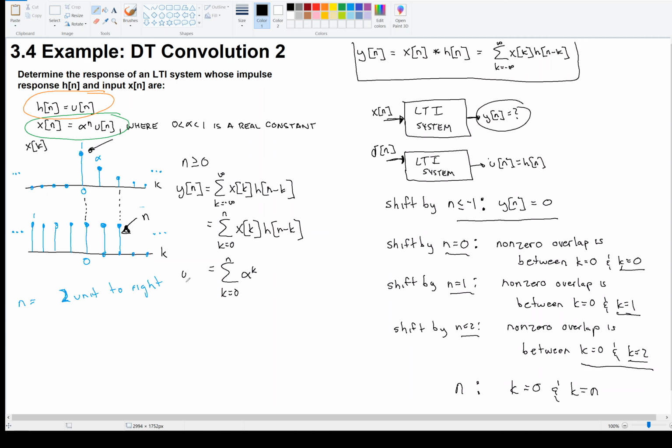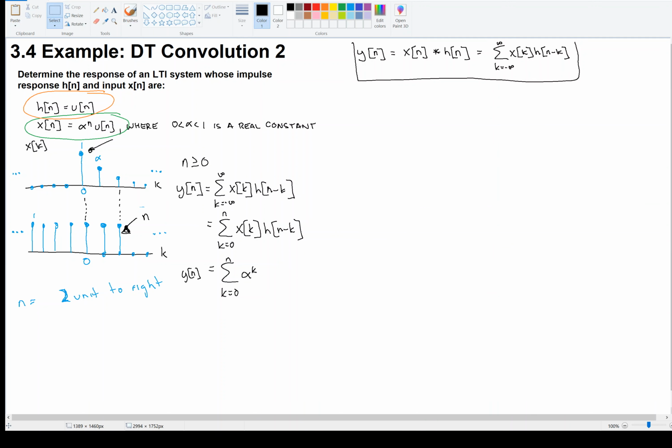So now I've got this thing, and I need to evaluate that. I'm going to erase some of this. So how do we evaluate that? Well, you might recall from mathematics, and we're going to need this quite a bit, so if you are making a sheet of equations that you're going to need, this would go on this list.